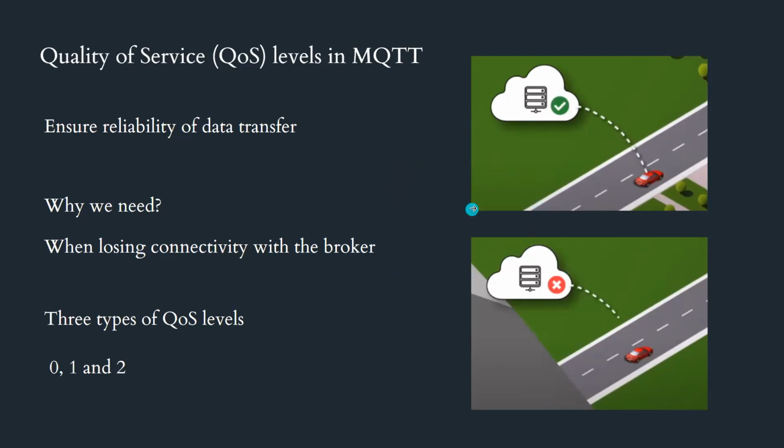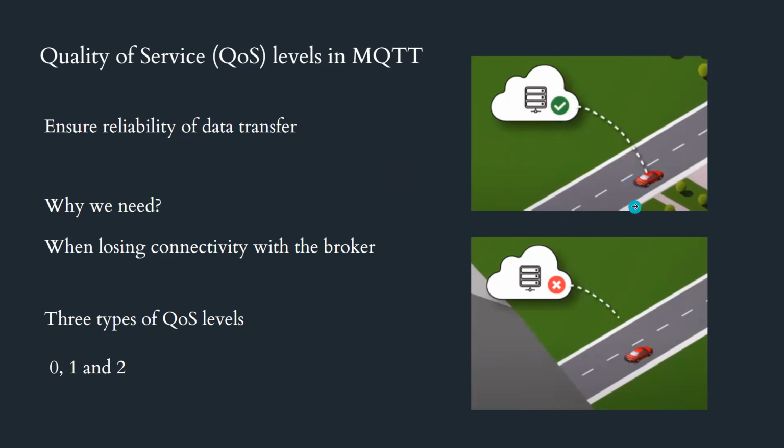Suppose we have a situation where a vehicle is moving under a tunnel, and in the initial state, it has a connection with the MQTT broker. The MQTT broker could be a server in the cloud, or it could be a local server somewhere in the local area.